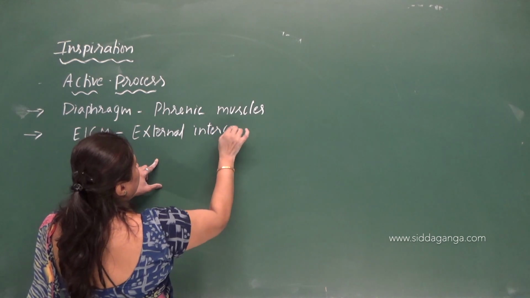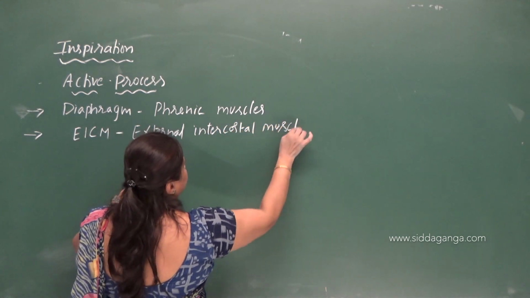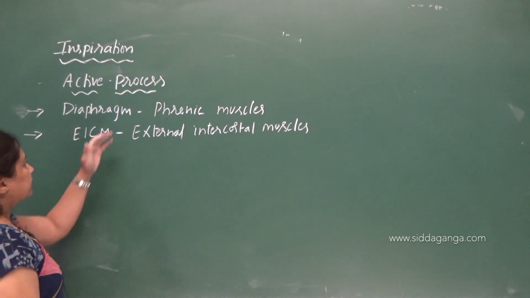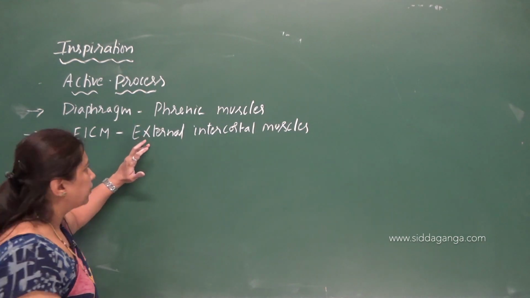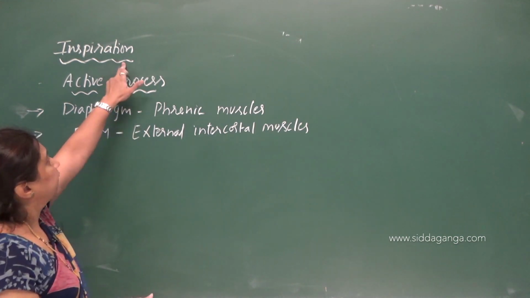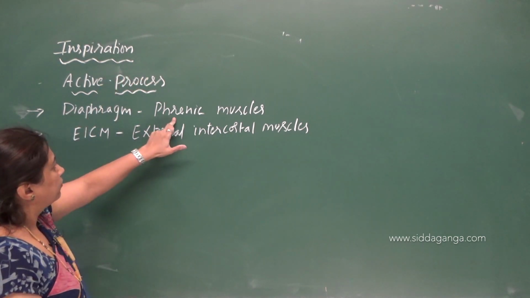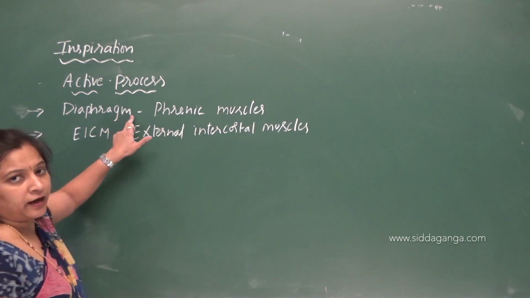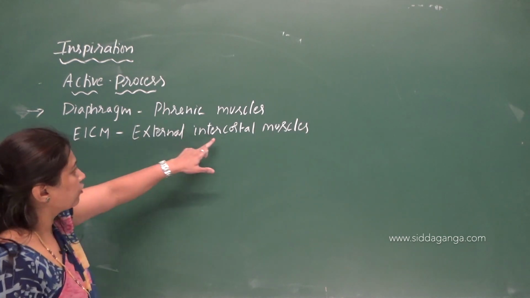See, these are the two types of muscles involved in the inspiration process. One type is the phrenic muscles, the muscles of the diaphragm, and the other is the external intercostal muscles.